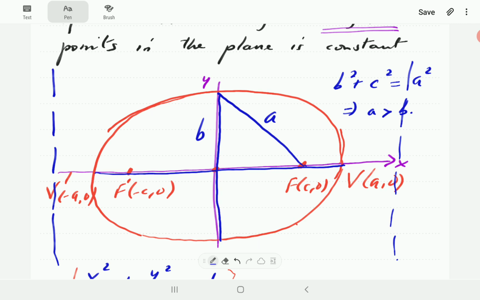Now the distance from the center to each of the directrices is given by a squared over c, or this can be written as a over e. So that is the distance from the center to the directrix.